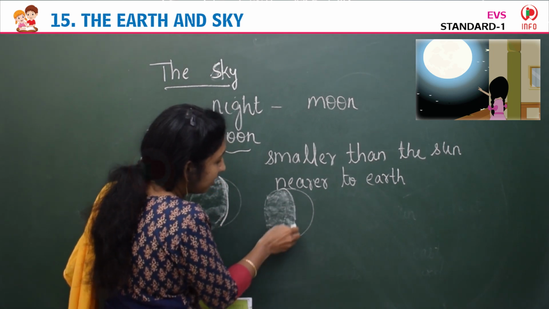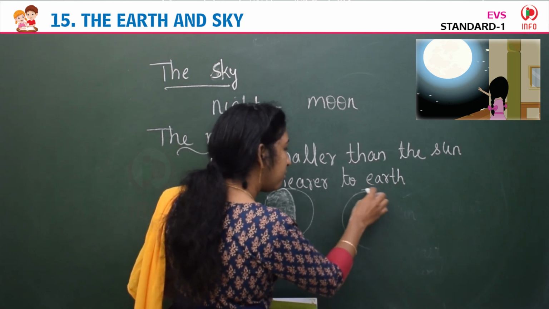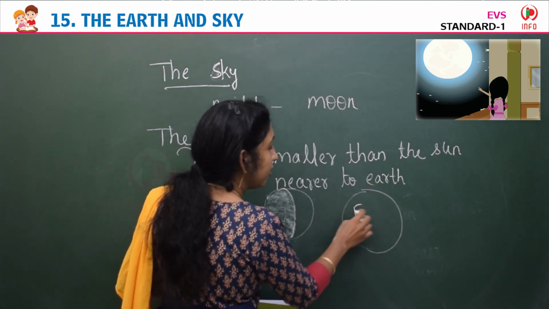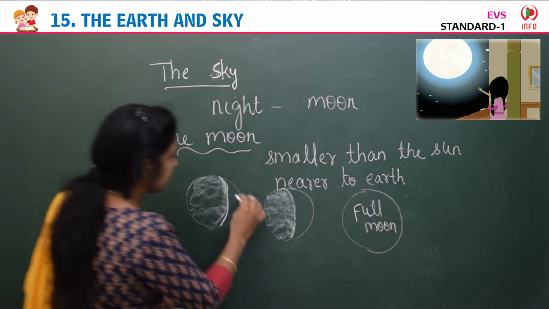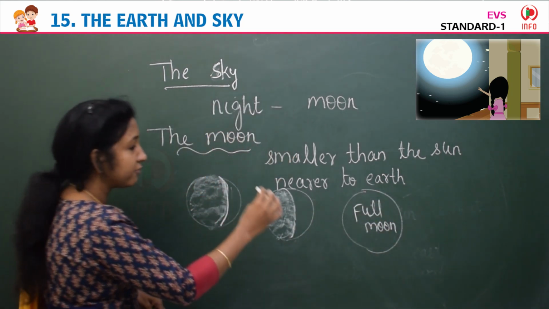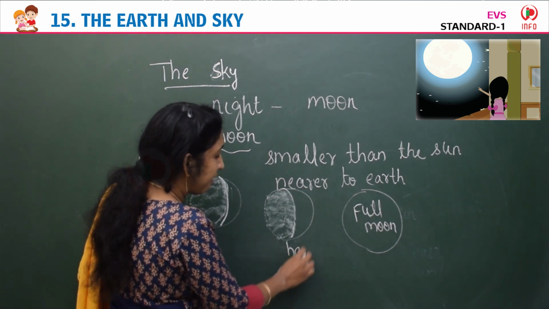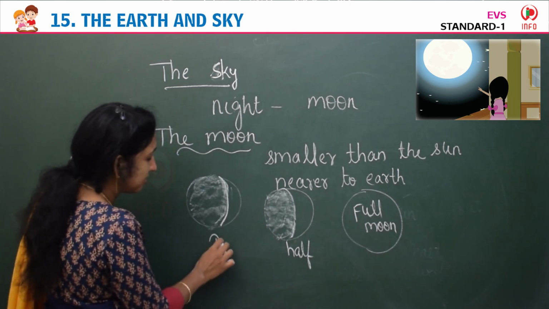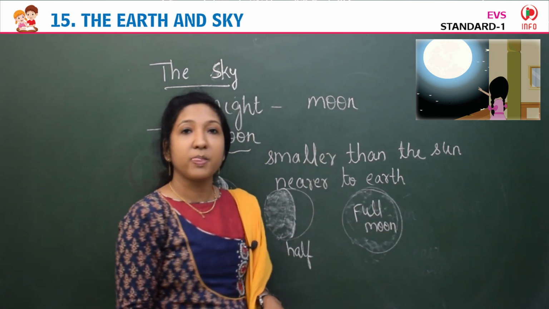Sometimes we can see the full moon. This is the full moon. Yes, sometimes we can see only this part, sometimes half of the moon, and sometimes the full moon.